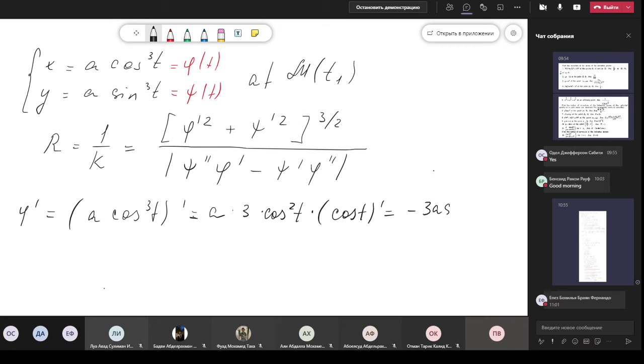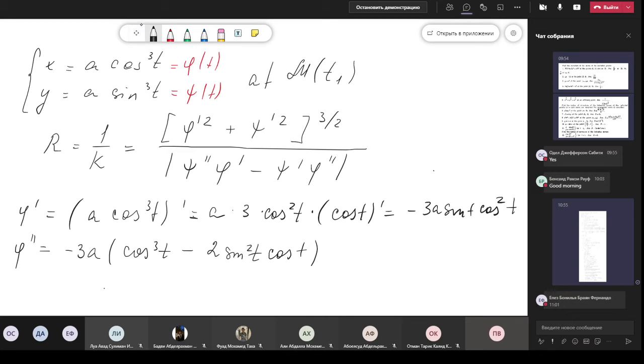We have minus 3a sine of t, cosine squared of t. We calculated it in our class today.